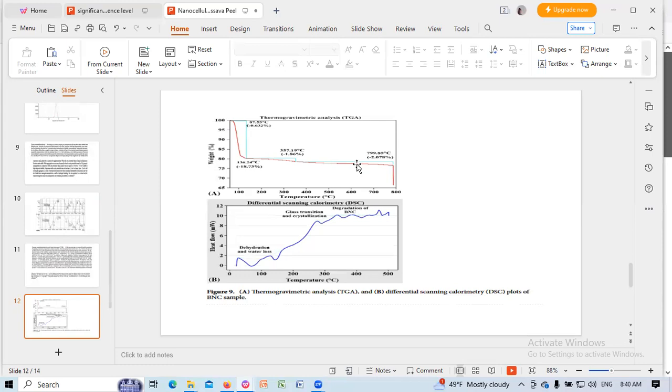At 700 degrees Celsius there is very low mass loss.